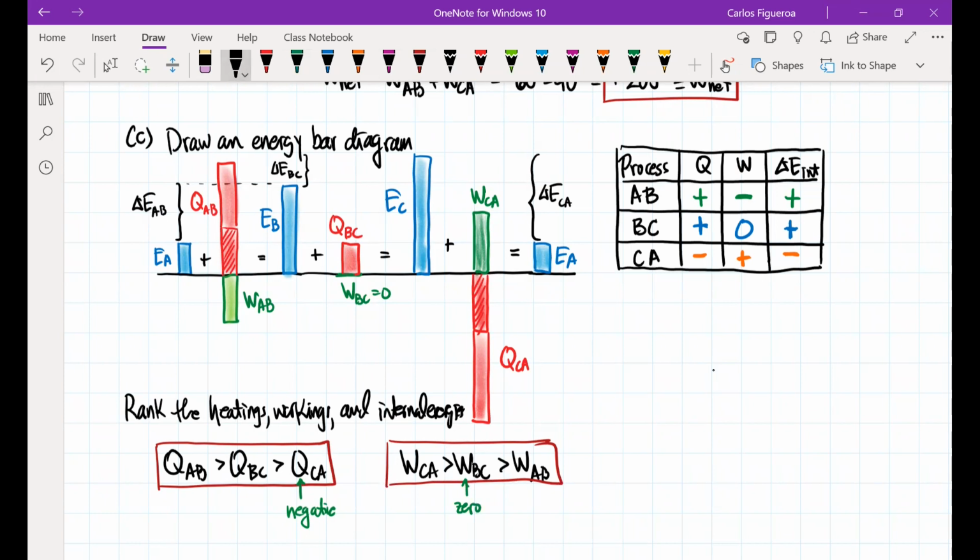And then finally, if I look at my changes in internal energy, the biggest change in internal energy from my graph is A to B, and then look at B to C here. That one's smaller than A to B, and then note that as I go from C to A, that's negative. So then my change in internal energy from A to B is greater than the change in internal energy from B to C, which is then greater than the change in internal energy from C to A. But once again, remember, this guy is negative.